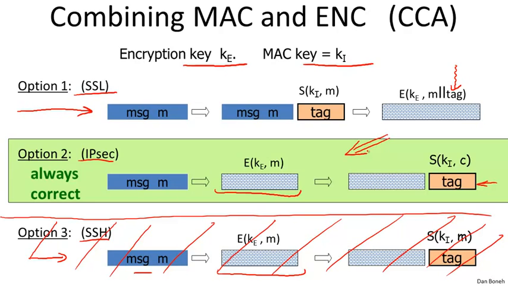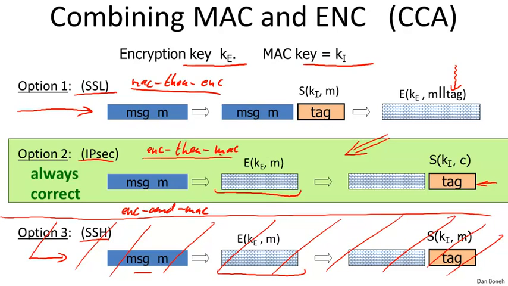Now, just to set the terminology, the SSL method is sometimes called MAC then encrypt, and the IPsec method is called encrypt then MAC. The SSH method, even though you're not supposed to use it, is called encrypt and MAC. I'll often refer to encrypt then MAC and MAC then encrypt to differentiate SSL and IPsec.